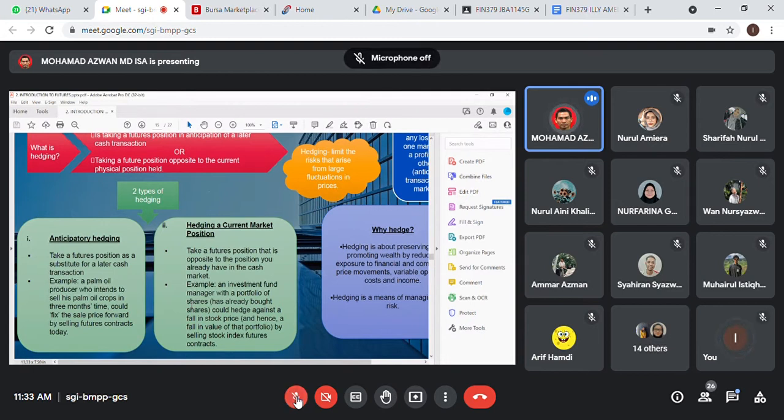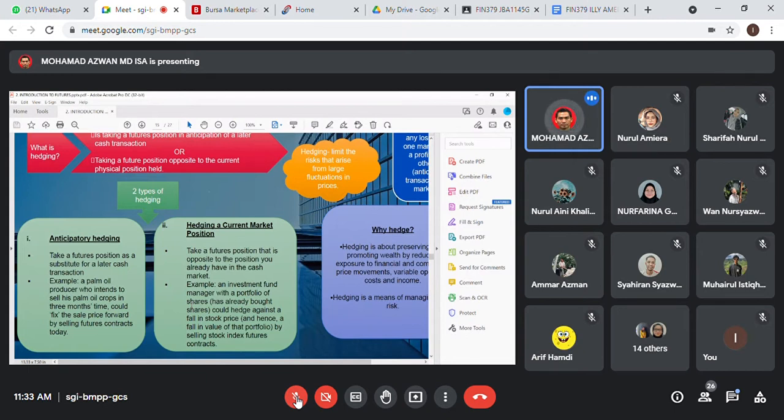Hedging macam insurans lah. Dia punya konsep dia nak kurangkan loss. Maksudnya dia hedging ni, dia nak kurangkan loss ataupun nak kurangkan cost, nak cover any reduction in revenue in the future.